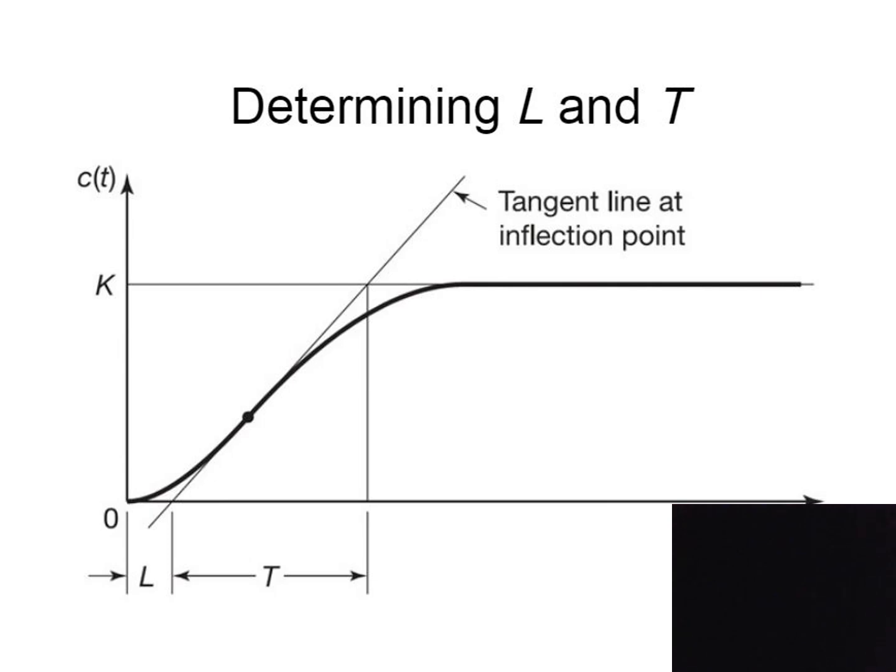Delay time is the time taken by the system to respond to the given input, that is L. To determine the time constant, we draw a tangent line to the S-shaped curve and see where the tangent line meets the time scale after the delay time. That respective time is called the time constant.